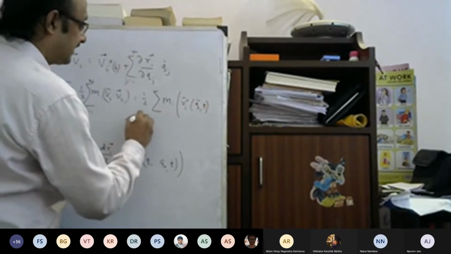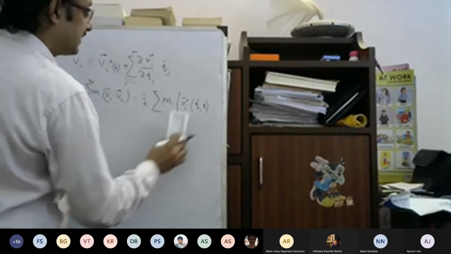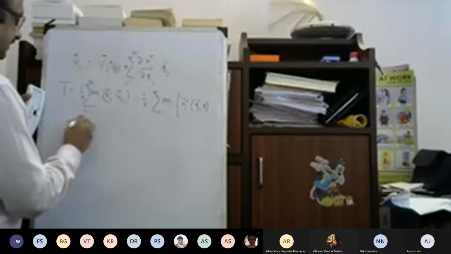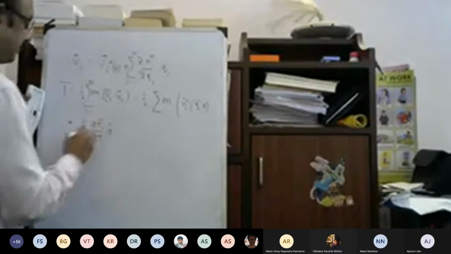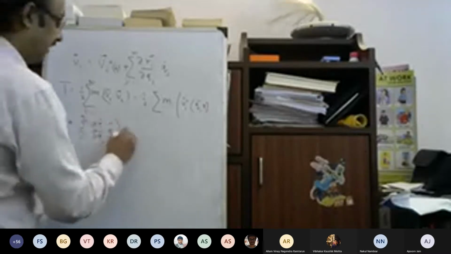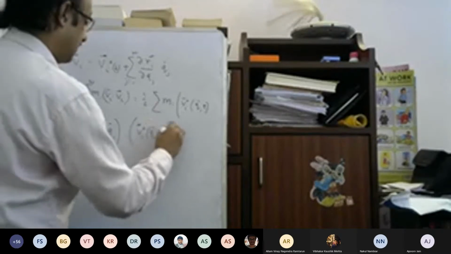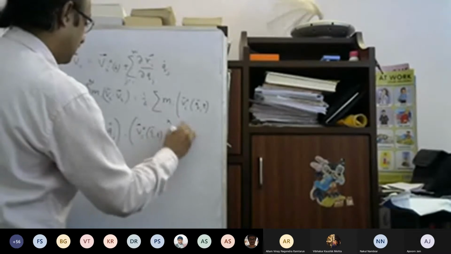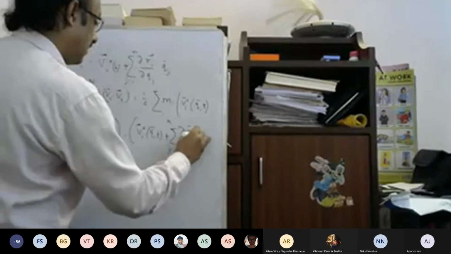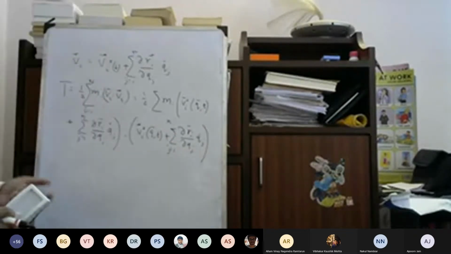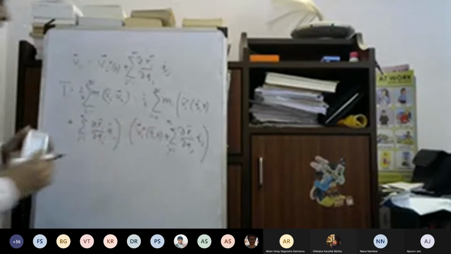And there will be other terms, that is J, this plus del Ri by del Qj, q j dot, j equal to 1 to n, and dot of this vi, so dot. Okay. And this is actually over i equal to 1 to capital N.